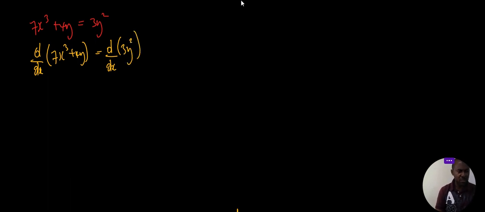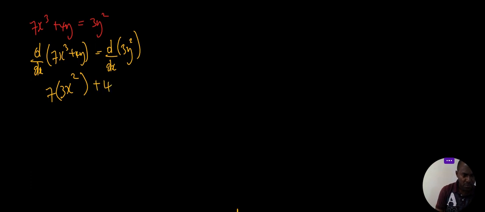So when you differentiate this, what we get is this. We differentiate the first term. This is just a multiplying constant 7, and we keep it, and of course you're going to differentiate the x. When differentiating a power of x, we bring the power down, multiply by it, and reduce the power by 1. So that becomes 3x squared. Right?